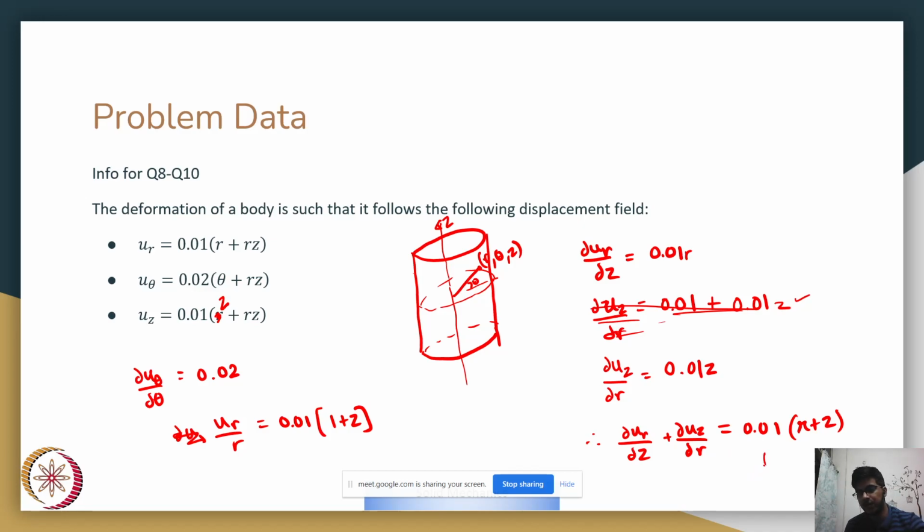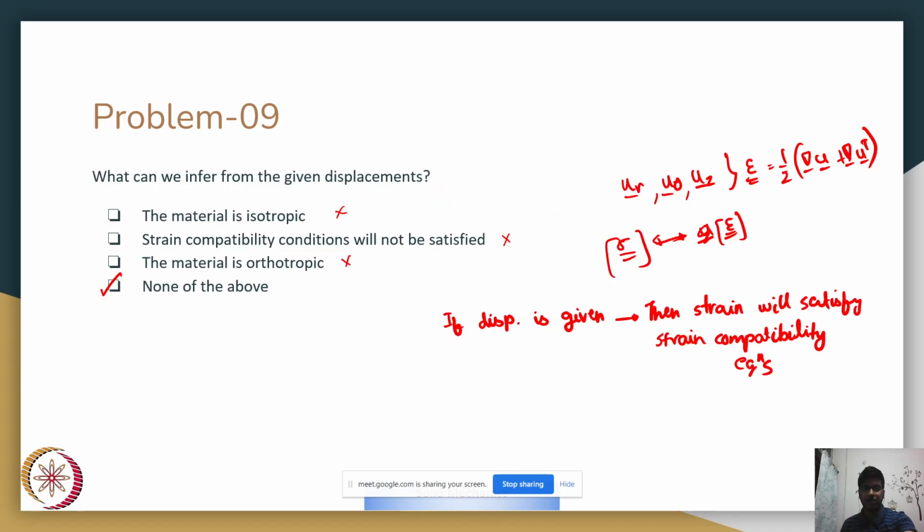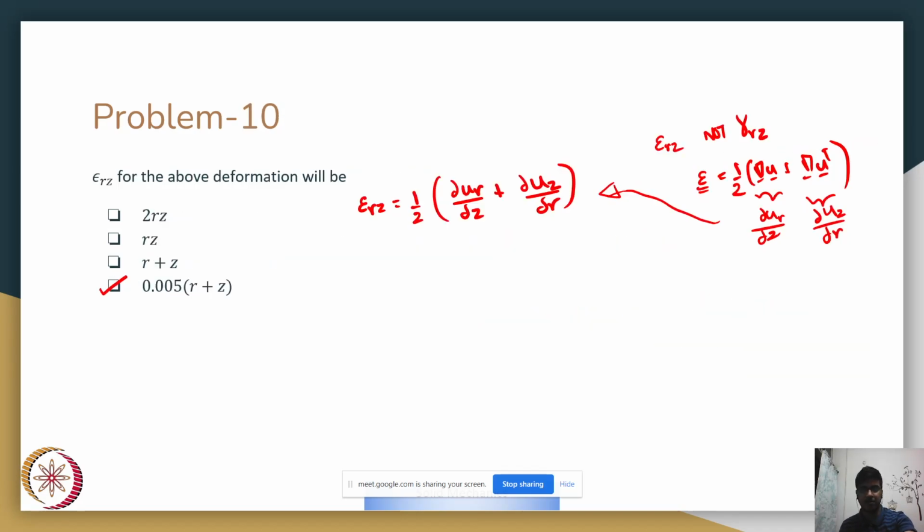We take a half of that, so 0.01 will go to 0.005 times r plus z. So epsilon rz is 0.005 times r plus z. Sorry for the confusion in the displacement field.